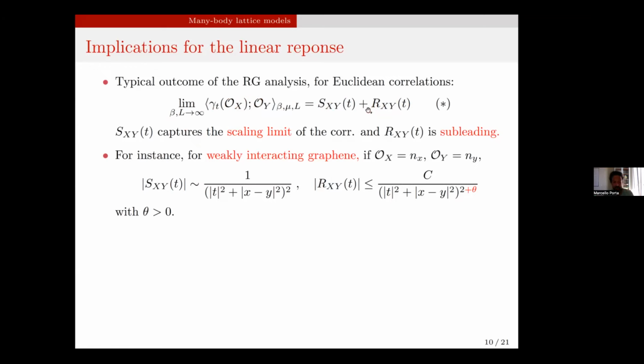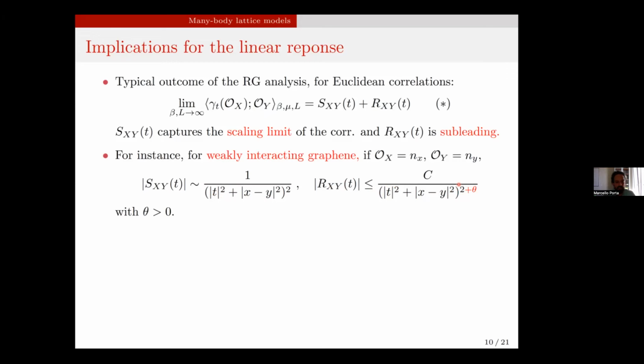Just as an example, if you consider weakly interacting graphene, and if you take these 2 observables to be density insertions, then it turns out that this first term decays as it would for 2+1 dimensional massless Dirac fermions. So it would decay as 1 over space-time distance to the power 4. And the other term instead is much less explicit, but it decays faster. So the scaling exponent here is not 2, but it's 2 + theta, where theta is some positive number.